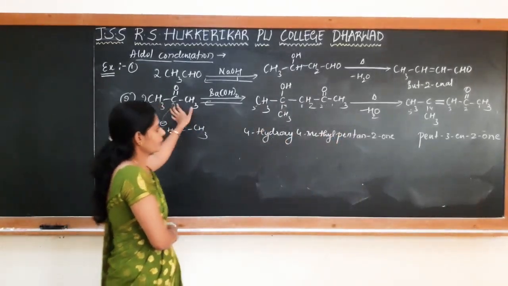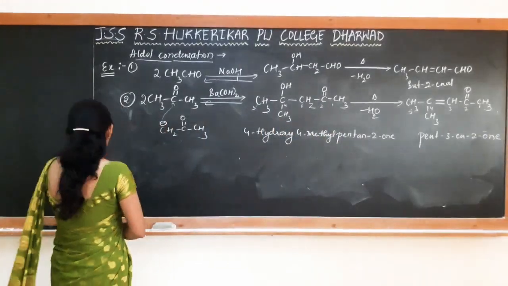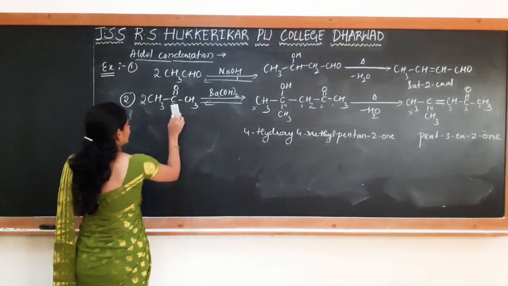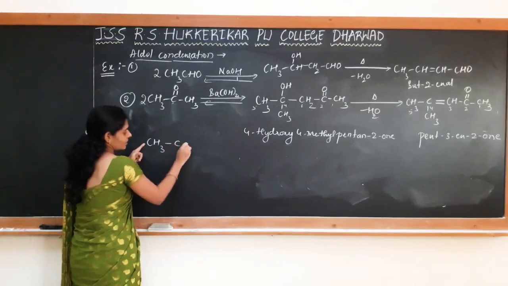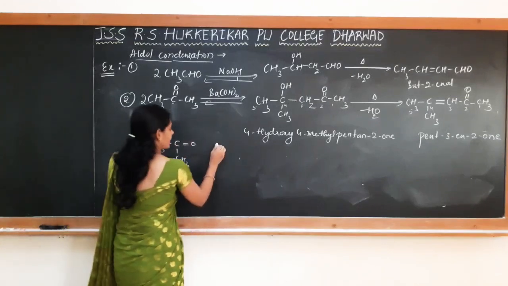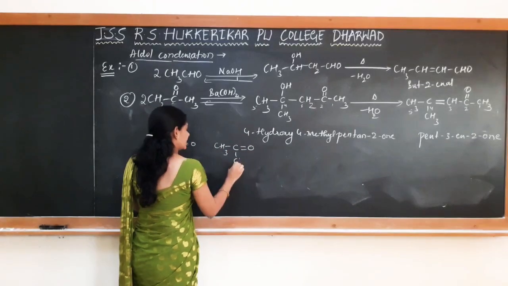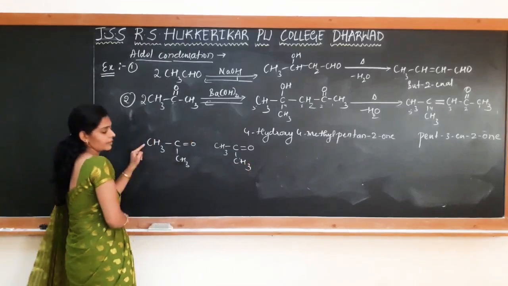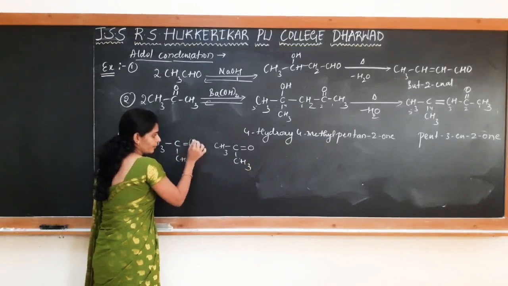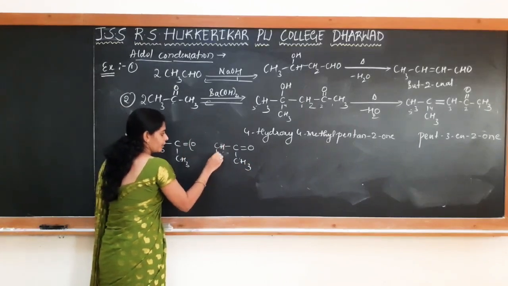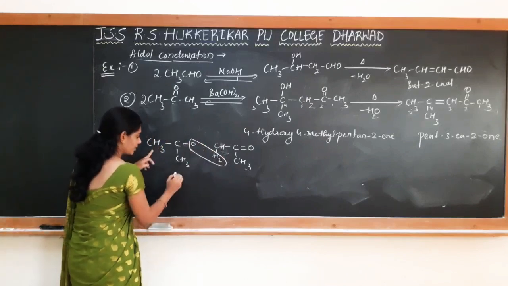Okay, so if you want to write only the final product instead of writing the middle product, how can you remember it? Just see here, I'll show you how to remember it. This CH3 CO CH3 combines with CH3 CO CH3. Correct? So what you have to do is remove H2O, 2 hydrogens from here. Okay, so if you remove this, what are you getting?